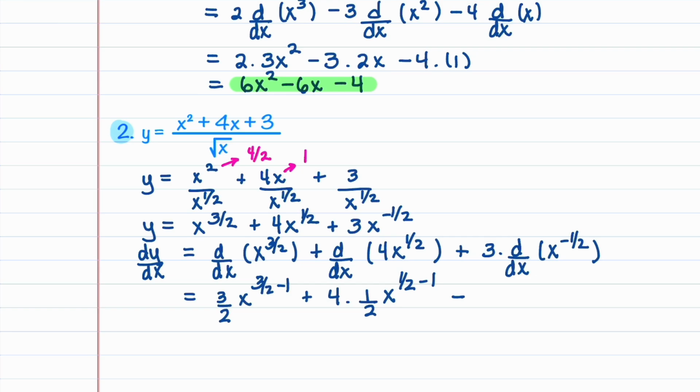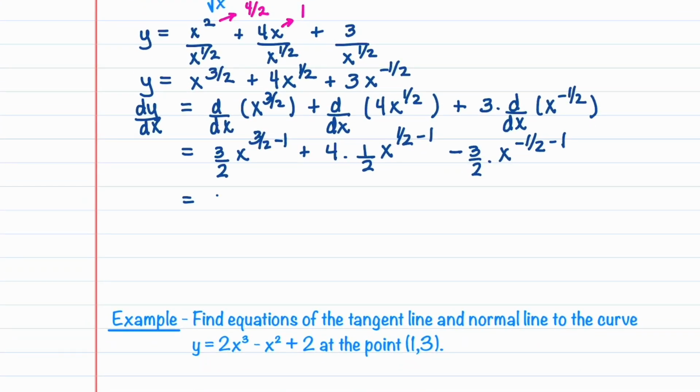So we get minus 3/2 times x to the minus 1/2 minus 1. This then gives us 3/2 x to the 1/2 power plus 2x to the minus 1/2 power minus 3/2 x to the minus 3/2 power.